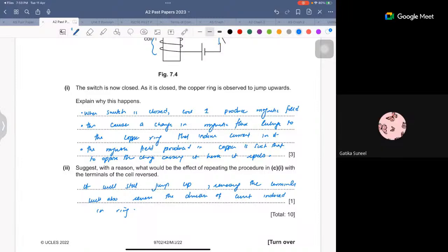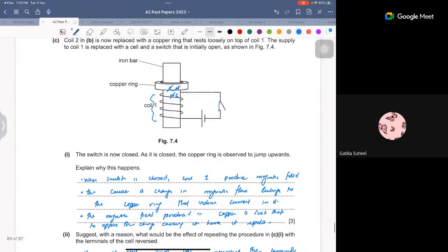Sir, can you explain this part again, please? Yes. I'm going to explain this differently. Suppose this is a coil, it creates a north. Like this. So the ring that you see will create a north here to oppose it.